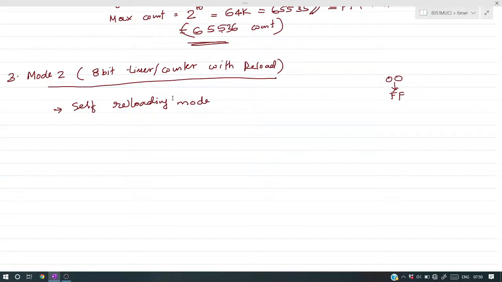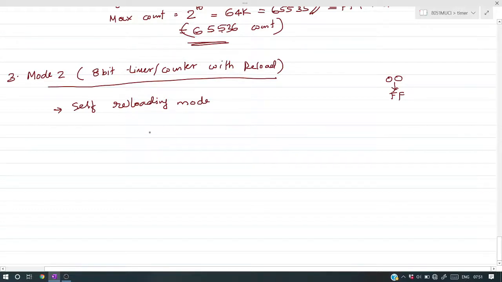Clear? As the count is reloaded, it requires a backup somewhere. So the number corresponding to the required count needs to be loaded in both TLX and THX registers. That means 2 copies of the count are loaded in TLX and THX.